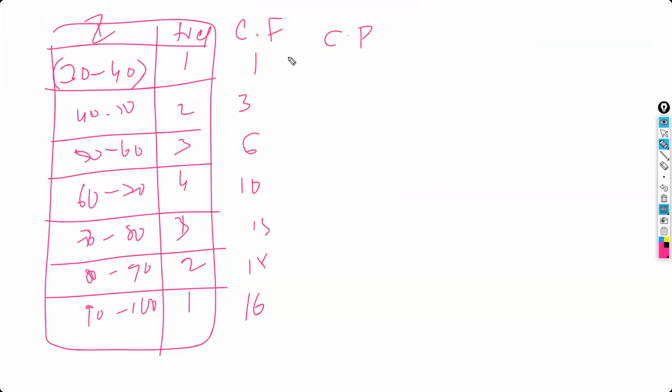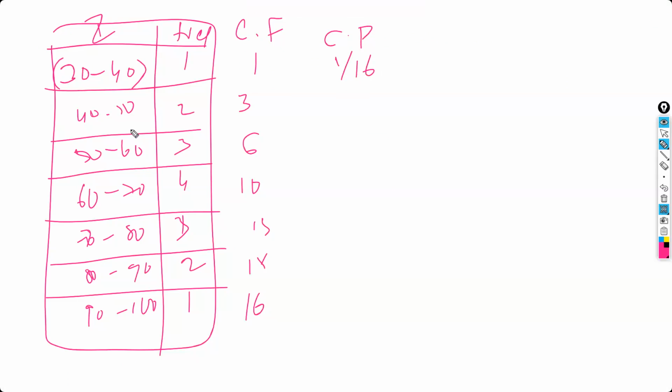Now, what is meant by cumulative probability? The same example, remember, I will show you further also and explain clearly. You will see the application further on. Now, for 30 to 40, the cumulative probability is 1 by 16. For 30 to 50, the total number of records satisfying 30 to 50 is 3 records.